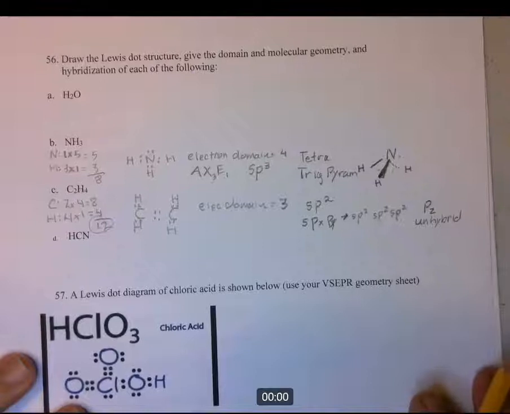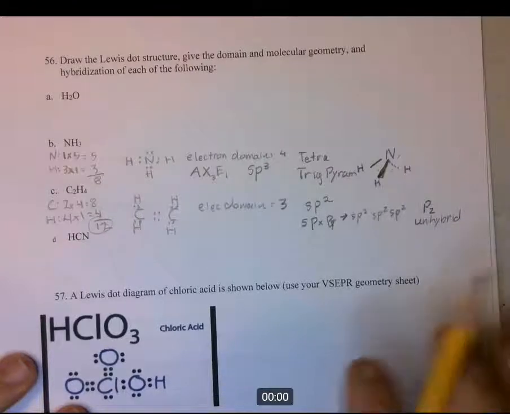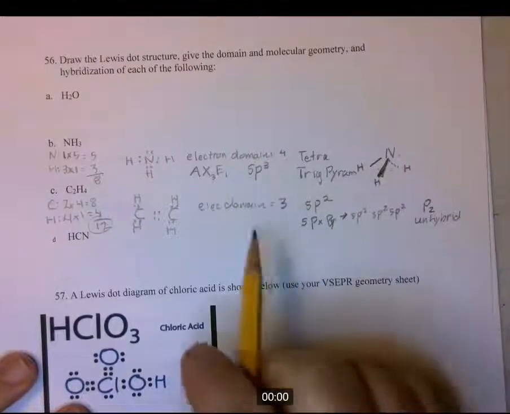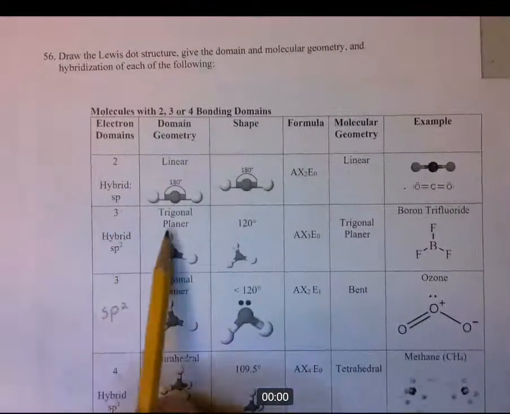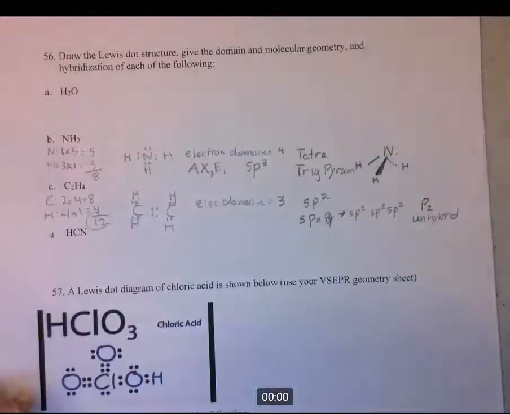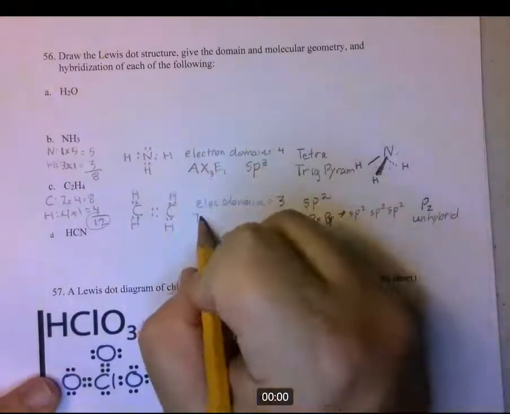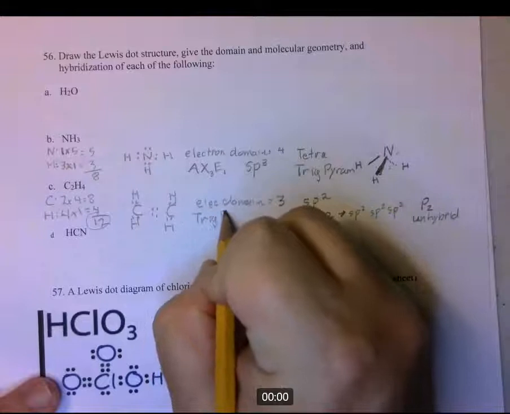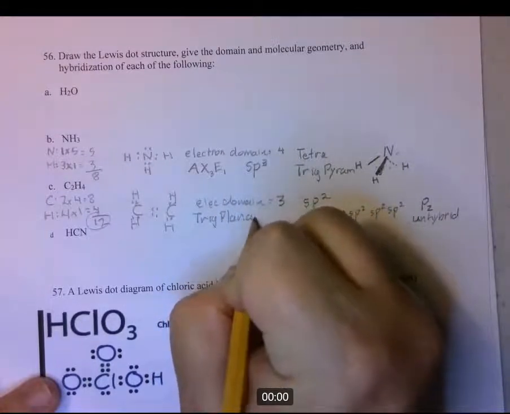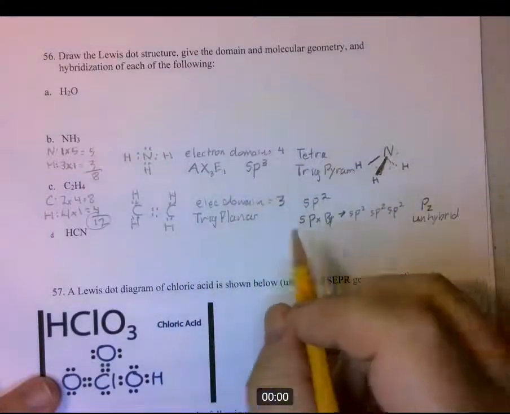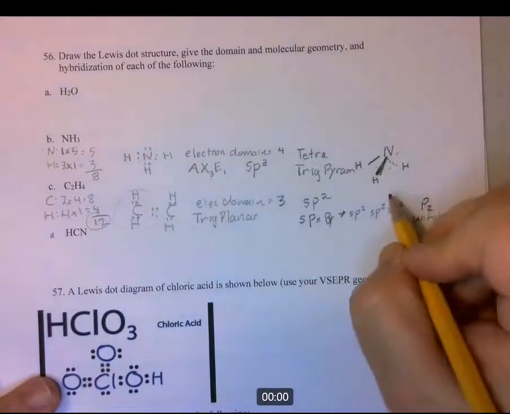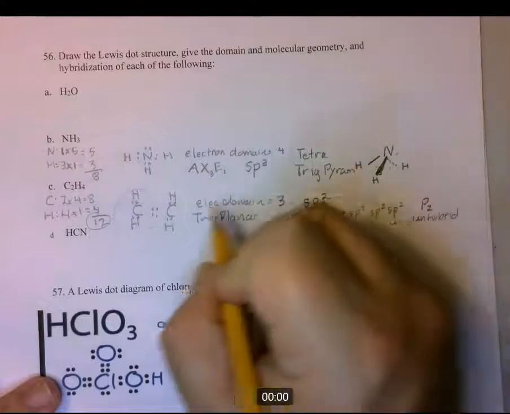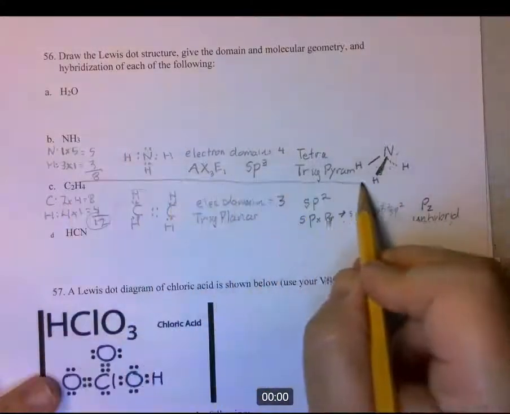All right, so what else do they want to know? They want to know the domain geometry. So if it's 3, then you come up here. 3s are trigonal planar. And we didn't write the AX notation. Again, we're just dealing with one of the carbons here.